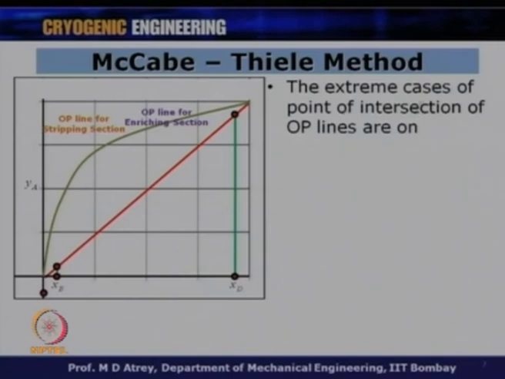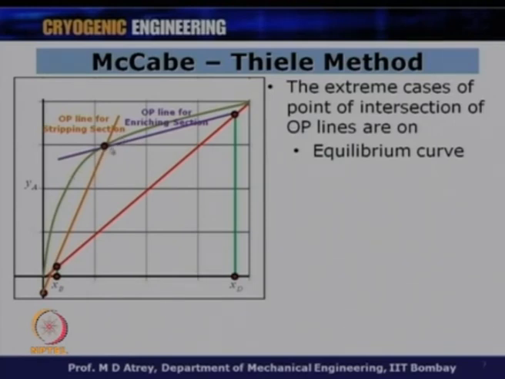So, if I want to talk about two extreme cases, the extreme cases of the point of intersection of the operating lines are, one, the operating lines are very, very close to the equilibrium curve, and this will happen when the point of intersection of the operating lines is on the equilibrium curve.